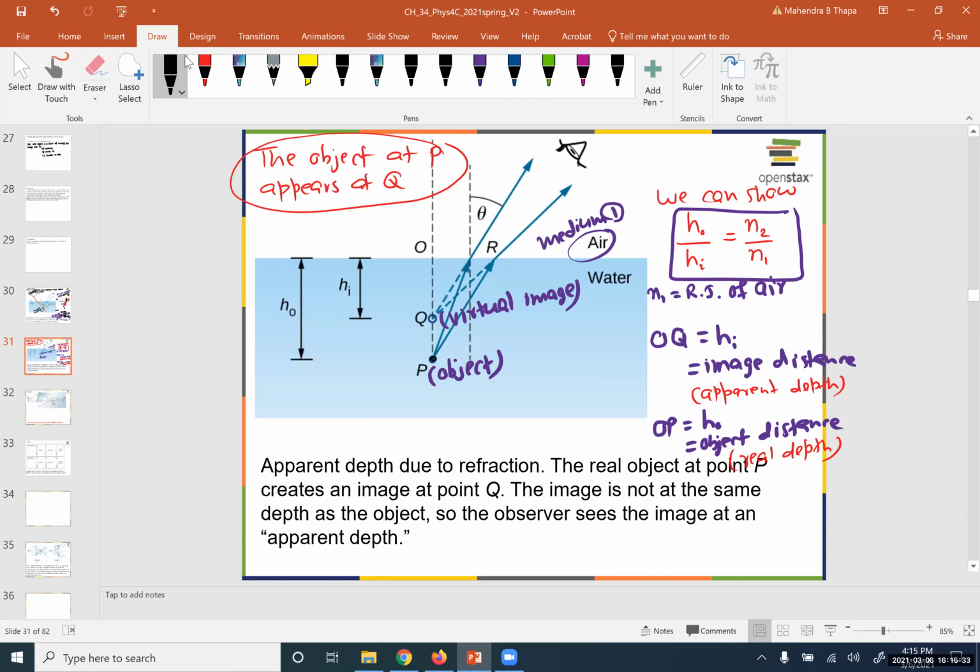I will say medium 1 is air, and medium 2 is water. So N2 will be the refractive index of water. We can prove this result.